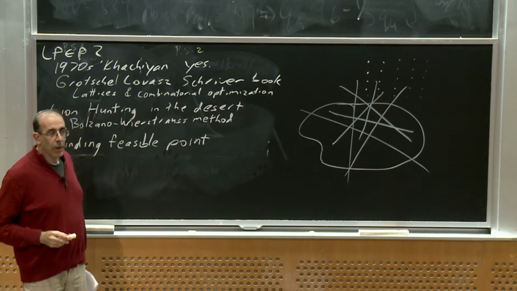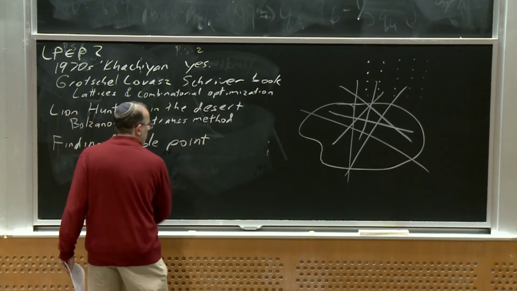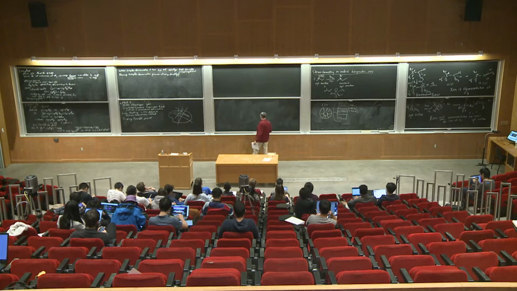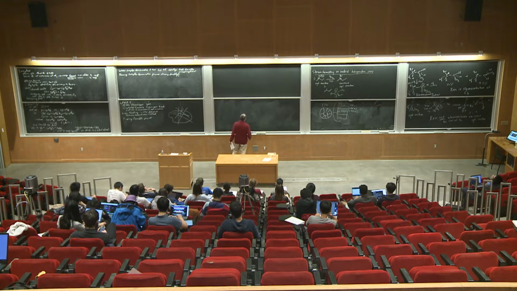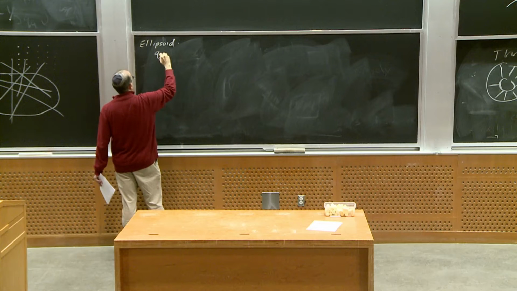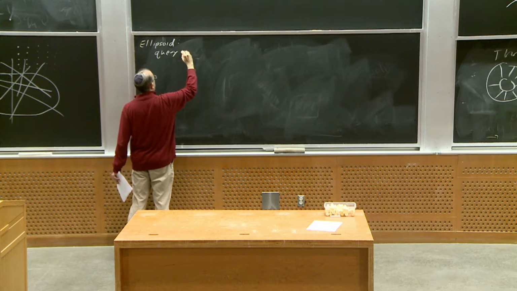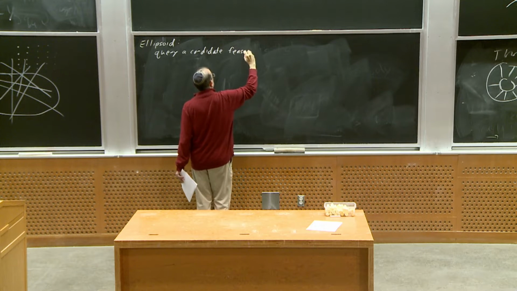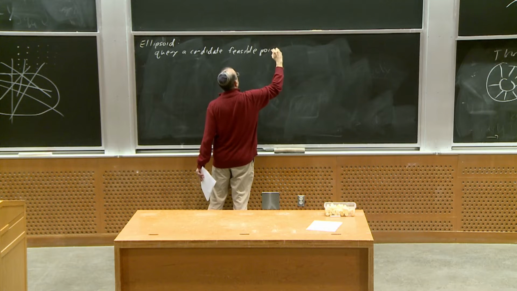okay? So essentially, you can think of it as me asking questions: is the feasible point here? And somebody tells me, nope, it's higher than here or lower than here. But we do need to generalize the notion of higher and lower to a higher dimensional space, right? So the ellipsoid algorithm begins by querying a candidate feasible point.